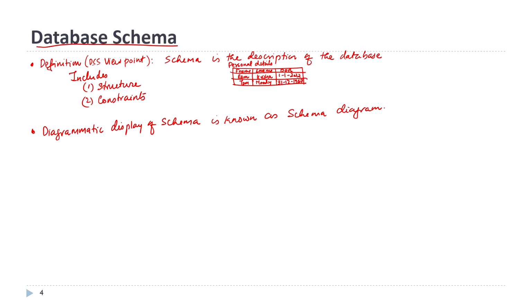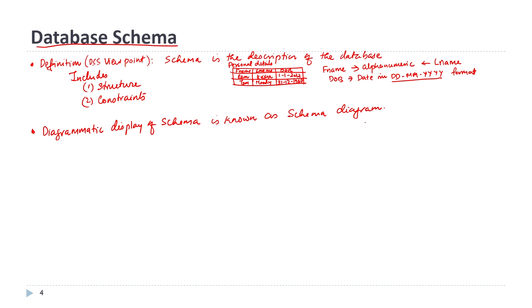If you look into this, you can say that F name is alphanumeric, and the same is true for L name, the last name. DOB is a date in DD MM YYYY format, etc. Some of these are the description, the structure, this is how it is, and some of them are the constraints.